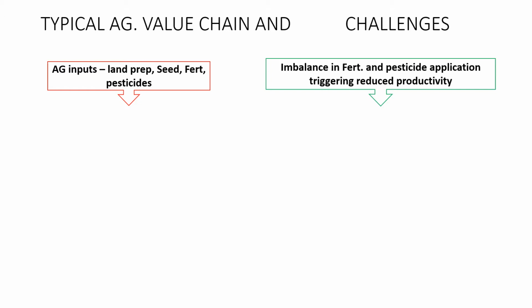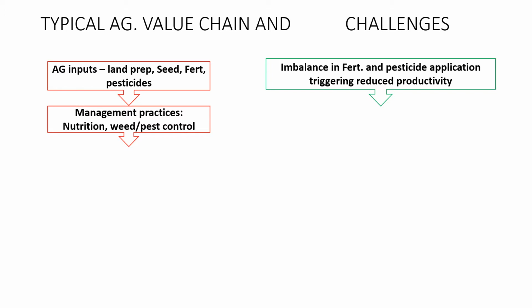So when you look at the first value chain node, this is the agricultural input node, and here we have things like land preparation, seed, fertilizers, pesticides, etc. The impending challenge in this particular node is the likelihood of having imbalance in fertilizer application or pesticide application, and this will trigger reduced productivity.